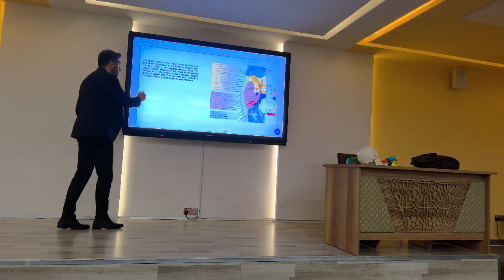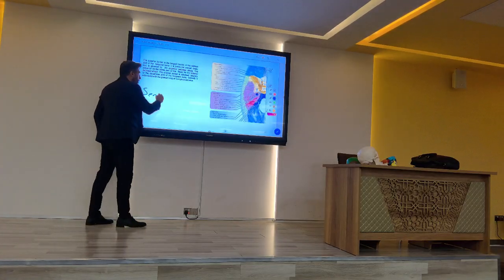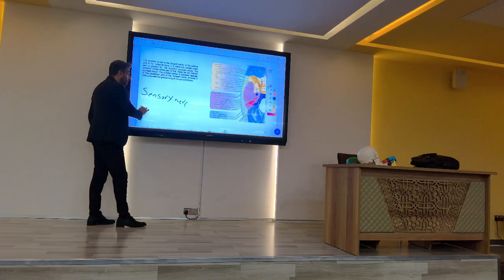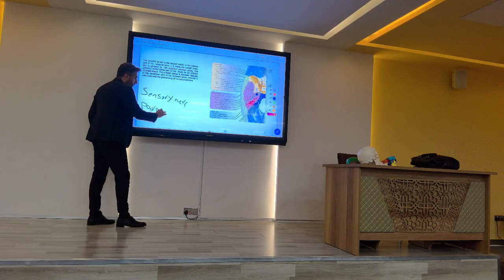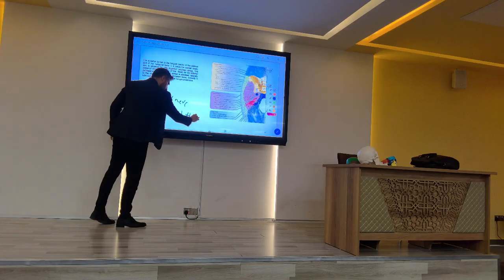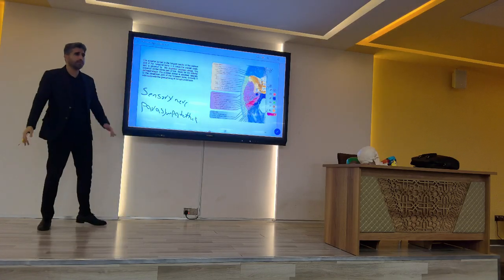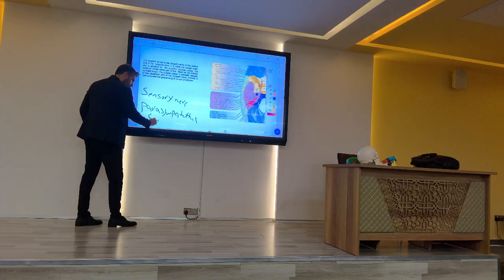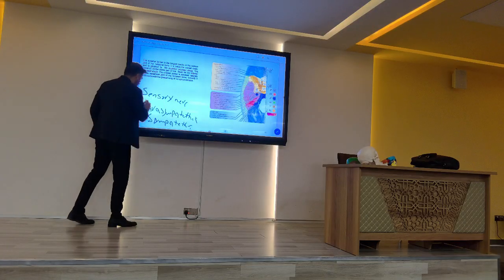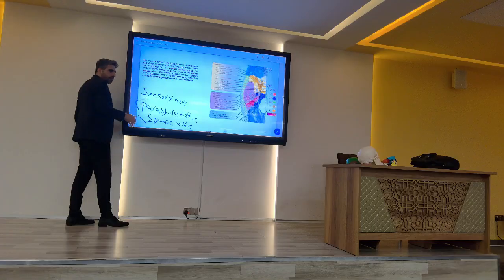Sensory nerves, parasympathetic nerves, and sympathetic nerves have ganglion. You will study these two later in the next semester.